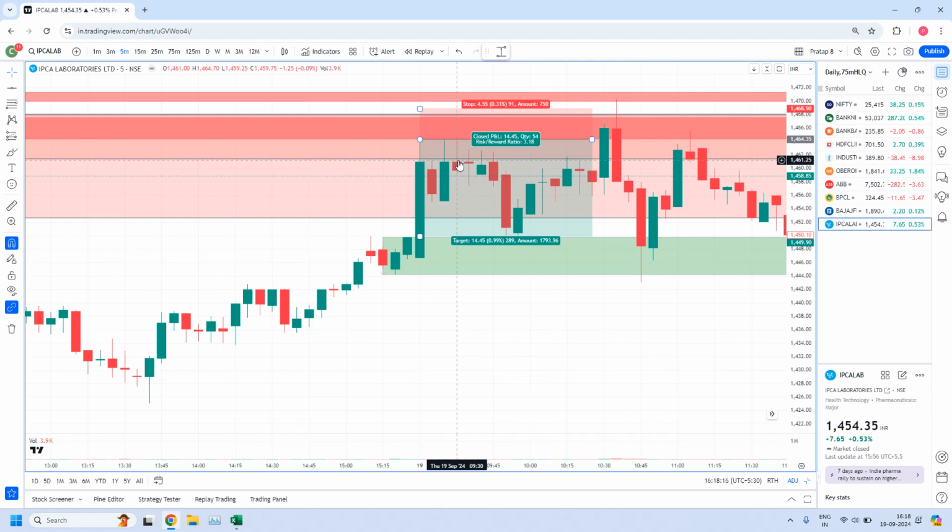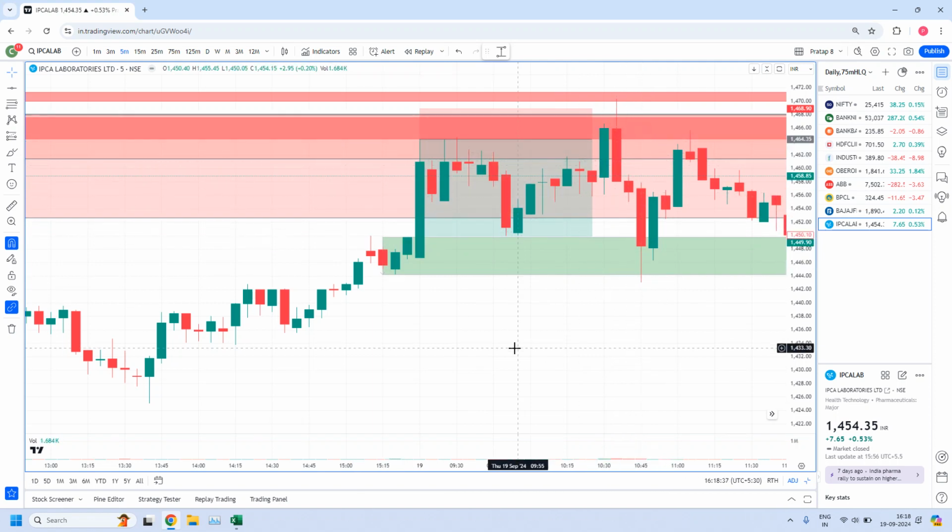We got the first trade at the 9:30 candle, and it reached the target at 9:50. So within 20 minutes, the first trade is completed. What about the next one? We got this at 10:35, and it reached the target at the 10:45 candle. So within 10 minutes, the trade is completed. In 10 to 15 minutes, the trades are completed.